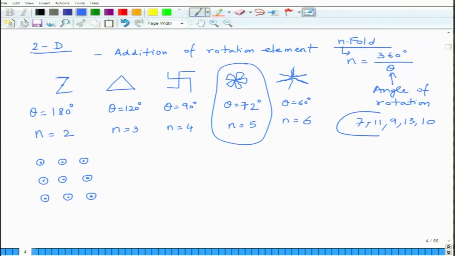There is another class of materials which show 5-fold symmetry, called quasi-crystalline materials, but they are non-equilibrium materials. Similarly, other symmetries like 10-fold or 9-fold symmetry could be shown by some materials, but they are not normally seen in crystalline materials. So, in case of crystalline materials, what we are interested in mostly is 2-fold, 3-fold, 4-fold and 6-fold, and 1-fold symmetry, of course.